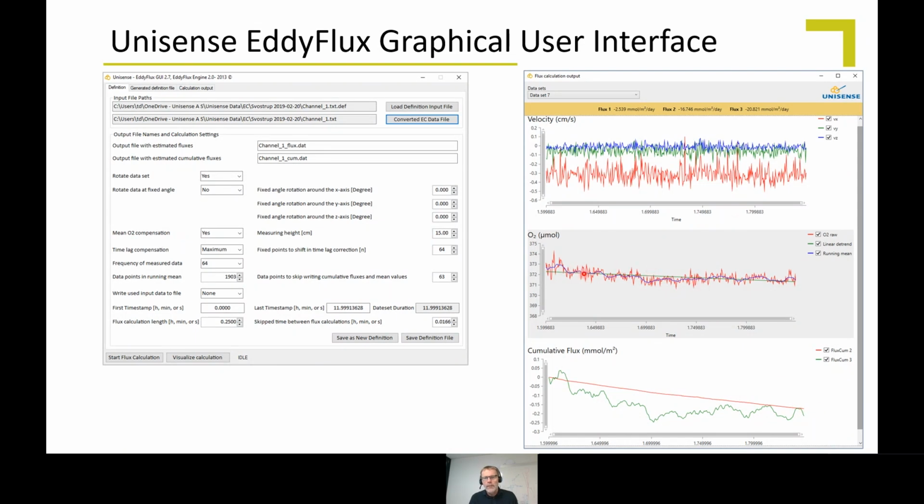And then number three up here shows the flux calculated where the deviation is calculated between the running mean and the actual data points. I think these different ways of calculations can be good in different environments, and you will need to make a scientific decision on which way to do this. And I forgot to mention the green one here is the cumulative oxygen flux measured from the run.